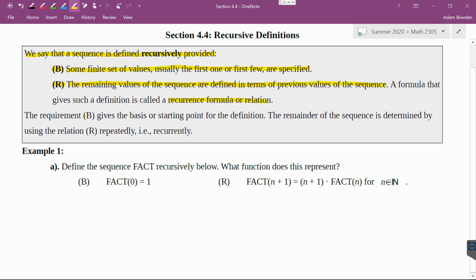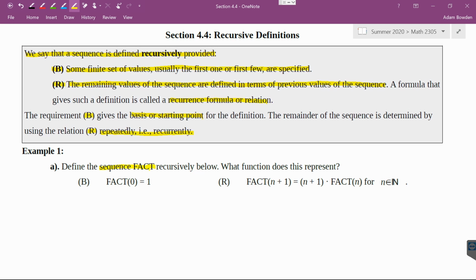The requirement they have here as B gives the basis or starting point for our recurrence. The remainder of the sequence is determined by the relation R applied repeatedly, aka recurrently, over and over again. So we'll look at some examples of recursive definitions here, starting with this one that defines the sequence fact recursively.